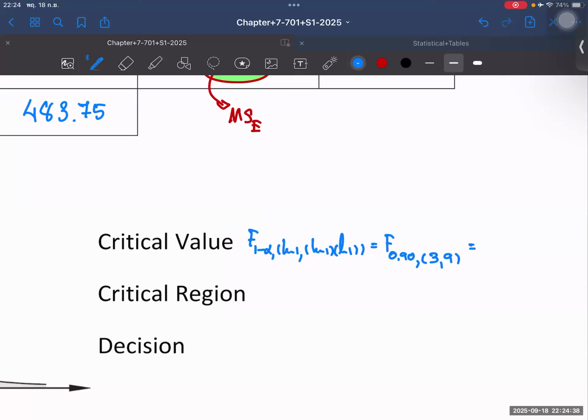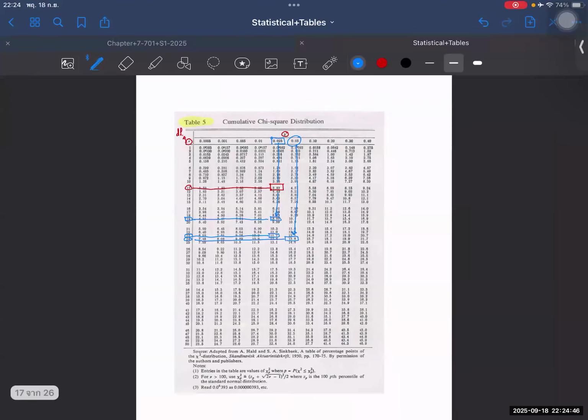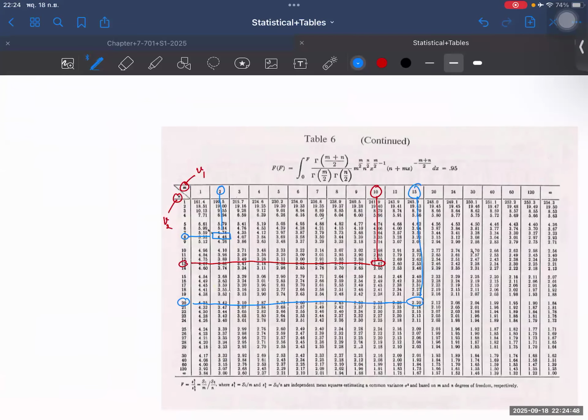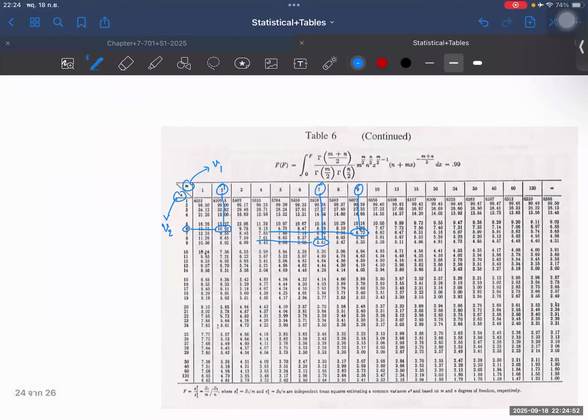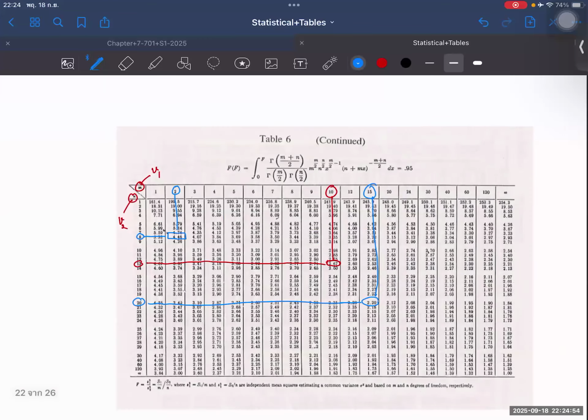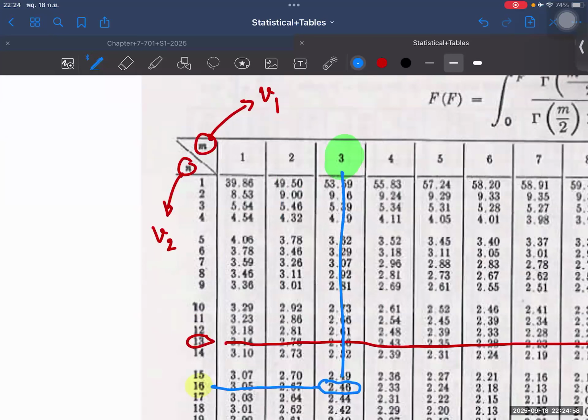Okay. Three and 9. Three and 9 is this. Okay. 2.81. Okay.